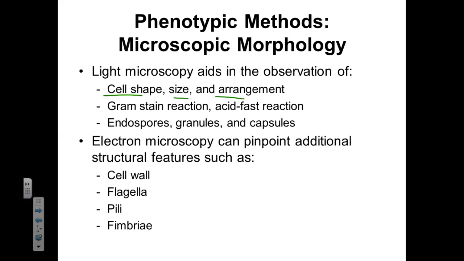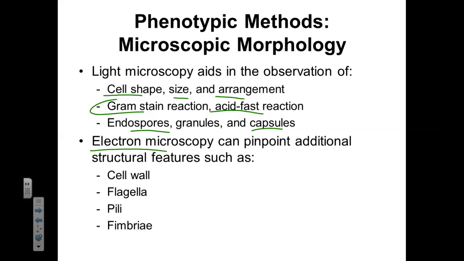We obviously can still do lots of gram stains and our other endospore stains, capsule stains, acid-fast stains. Most of the staining techniques that you've either done in the digital labs or that you do with the face-to-face labs are still used in a lab setting.